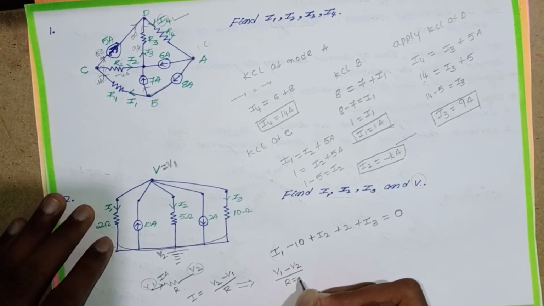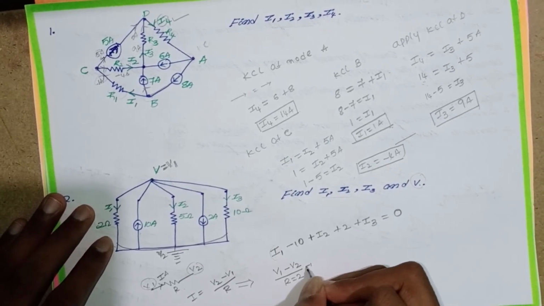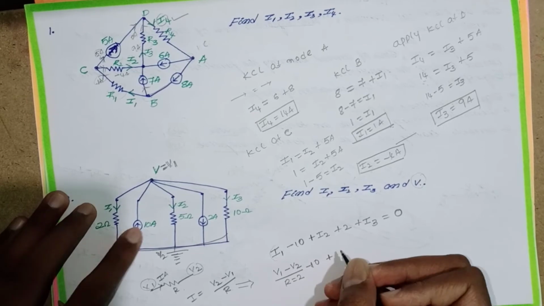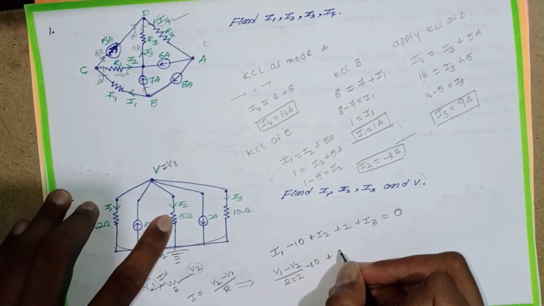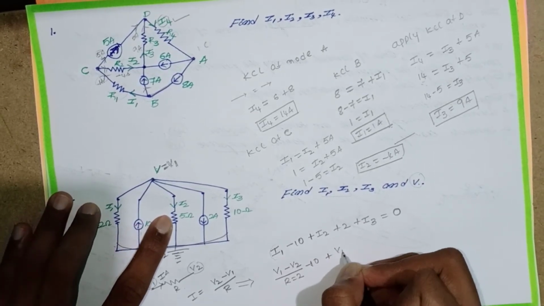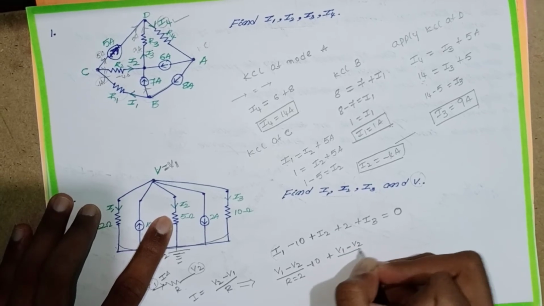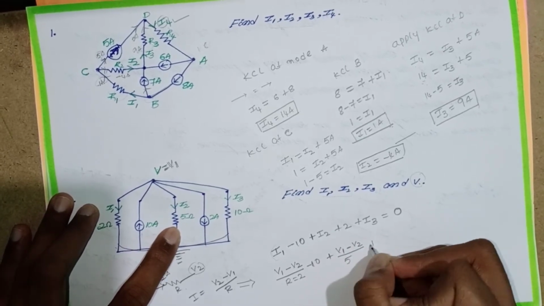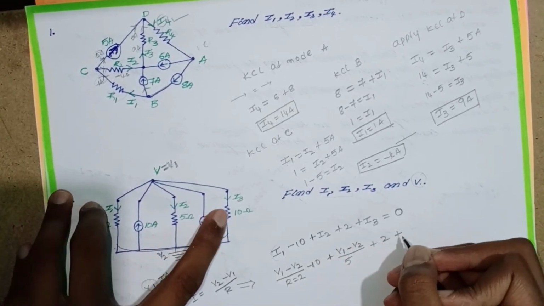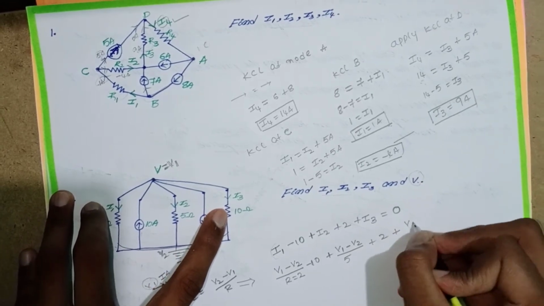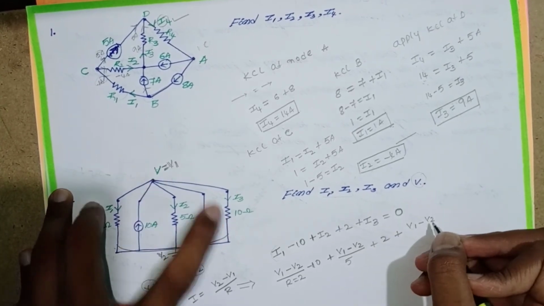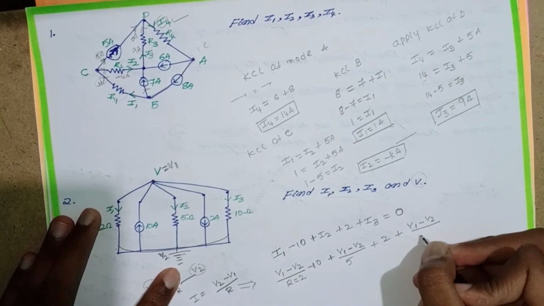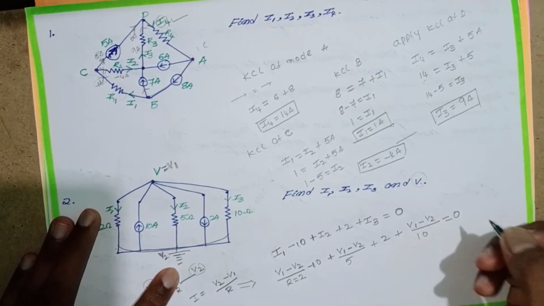V1 minus V2 divided by 2, minus 10 ampere, plus I2. I2 is replaced by V1 minus V2 divided by 5, plus 2, plus I3 replaced by V1 minus V2 divided by 10, is equal to 0.